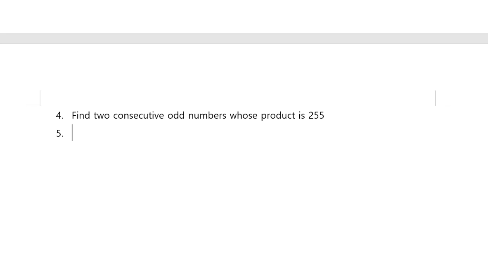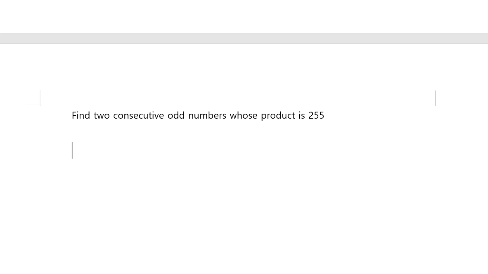Okay, so to think about that, you should think about some examples. Think about 9. What's the next consecutive odd number? Well, the next odd number is 11, right? And the relationship between the two is that if you call the first number x, the next one will be 2 more than x, right?